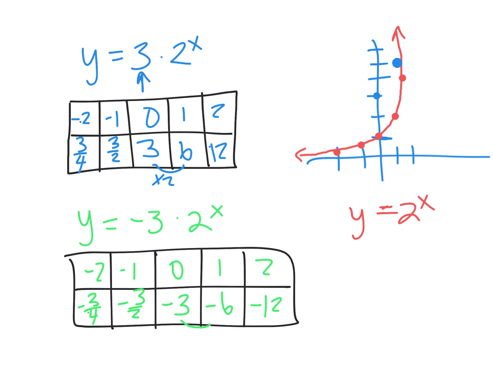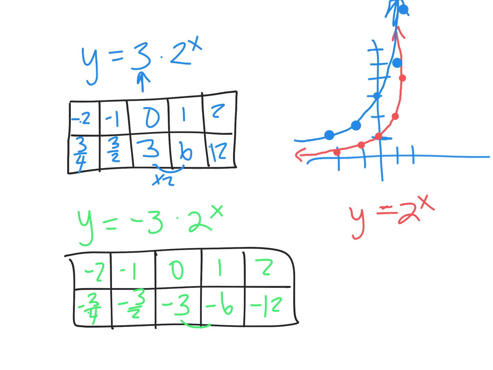Okay, and then over 2, up 12 is going to be way up there. So this is here, and this is there. I made those dots really big for some reason. Okay, so that one goes like this. And this is rough, guys. It doesn't have to be perfect.